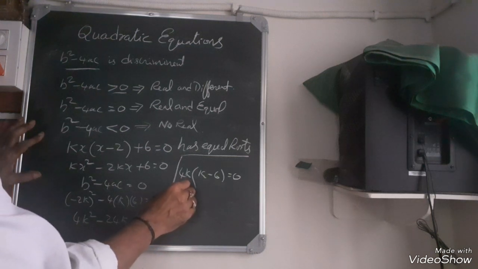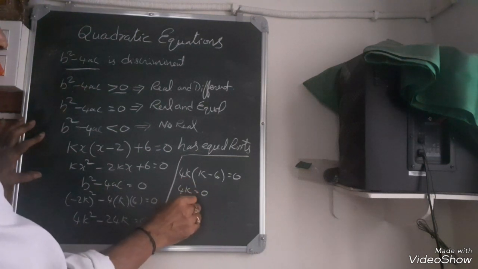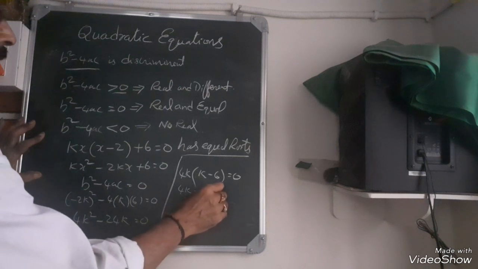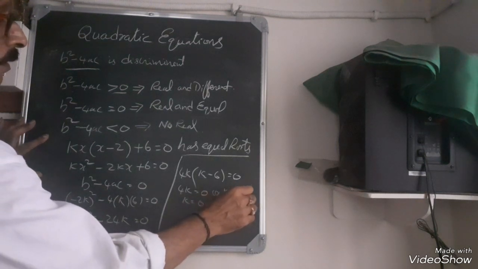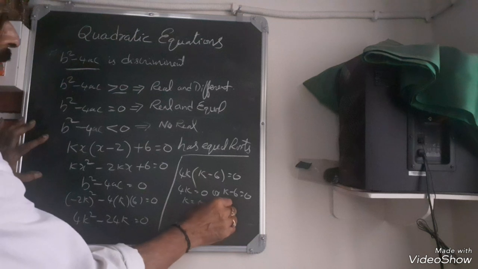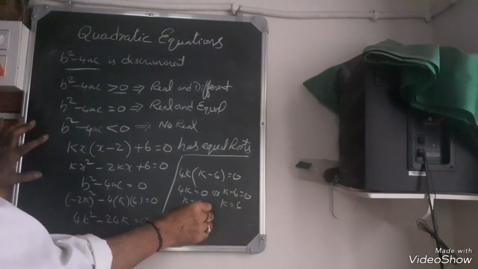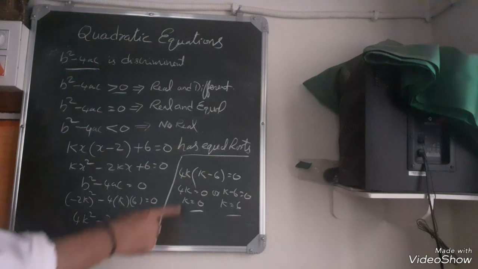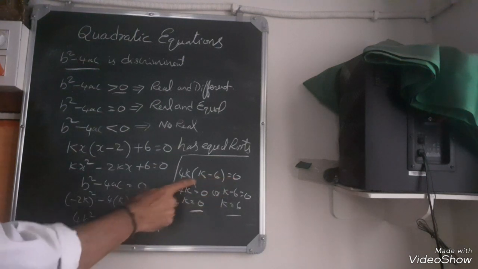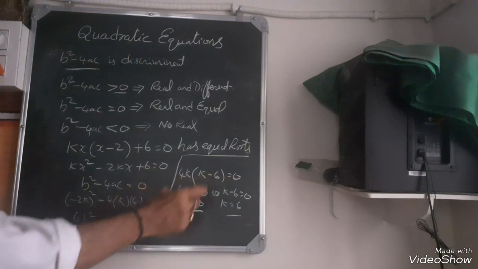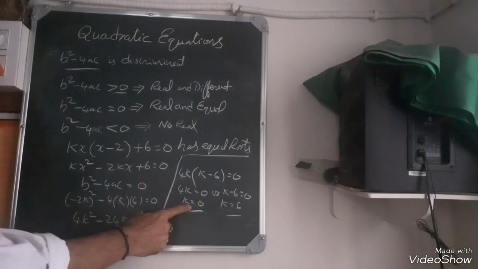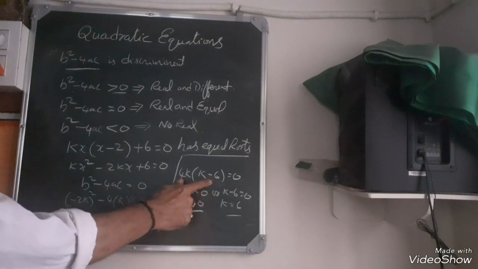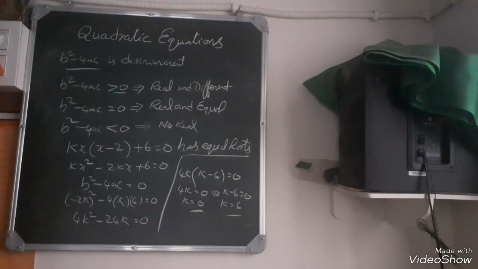So 4k equal to 0, k equal to 0, or if k minus 6 equal to 0, k equal to 6. So the k value is either 0 or 6. Here we get the factors 4k into k minus 6. The product of these two must be 0, which means one should be 0, either this or this. If 4k equal to 0, k value is 0. If k minus 6 equal to 0, k equal to 6.